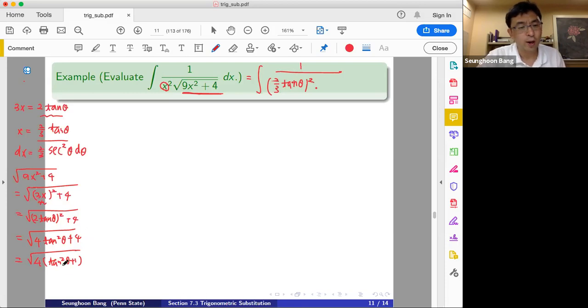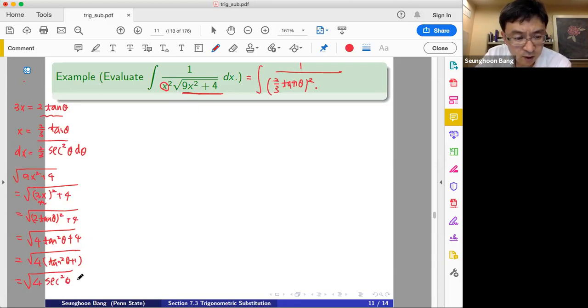Do you know what is 1 plus tangent squared? Could you write your answer on the chatting board? What is 1 plus tangent squared? Okay, good. Secant squared of theta.